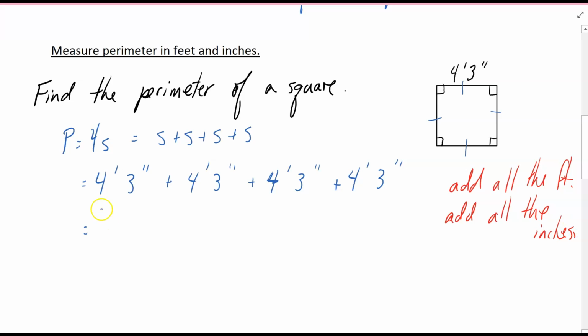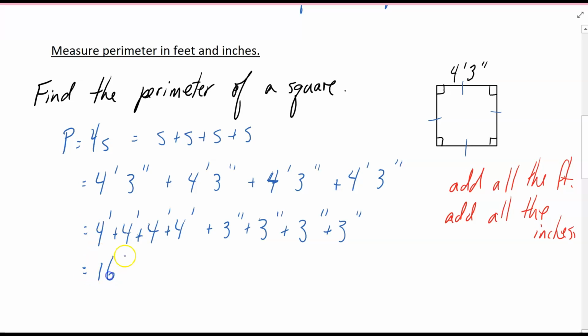Okay, so 4 feet plus 4 feet plus 4 feet plus 4 feet, and we will add 3 inches plus 3 inches plus 3 inches plus 3 inches. All I've done is break it up into feet and inches. So this is 16 feet, and this is 3 plus 3 plus 3 plus 3, 12 inches.